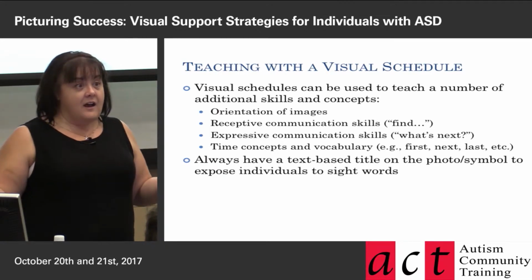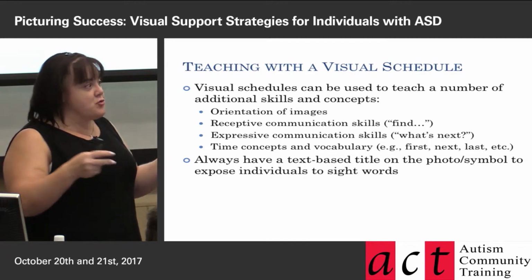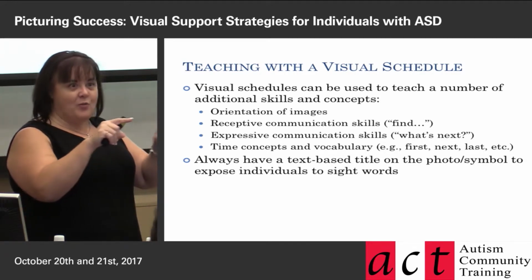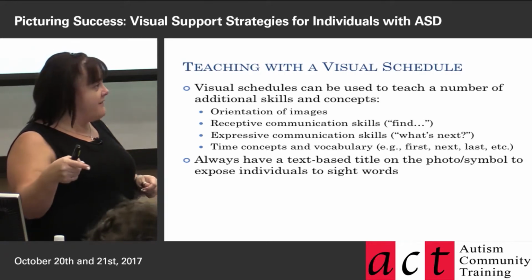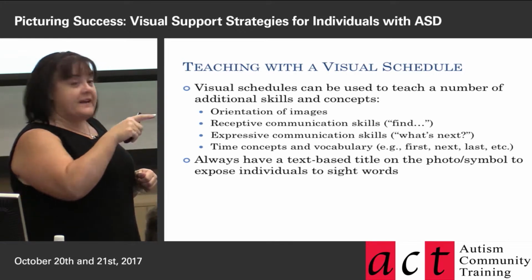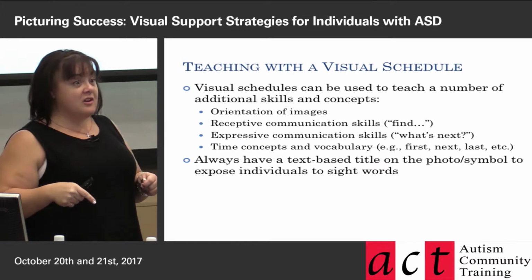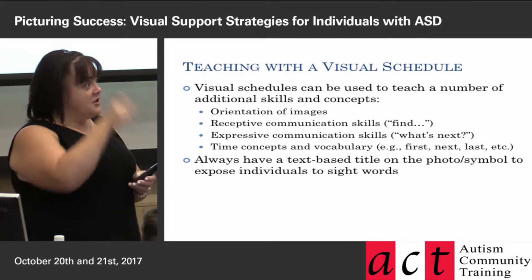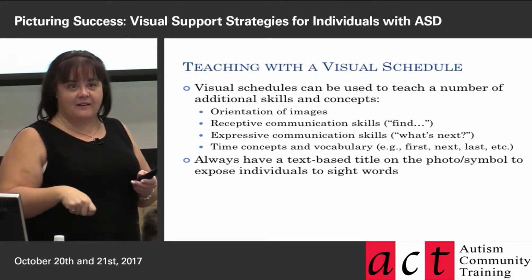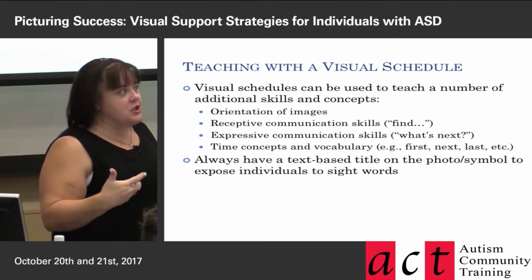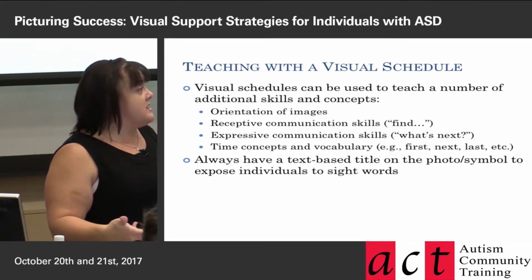So if they see get dressed, the words paired with the picture often enough, they may get to the point where when they see get dressed, they know what that means, and then we can move to a text-based schedule. Check, check, check, check, right? Like that kind of schedule. So certainly, it's an opportunity to expose individuals to sight words.